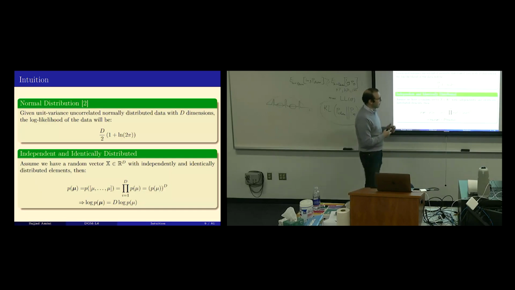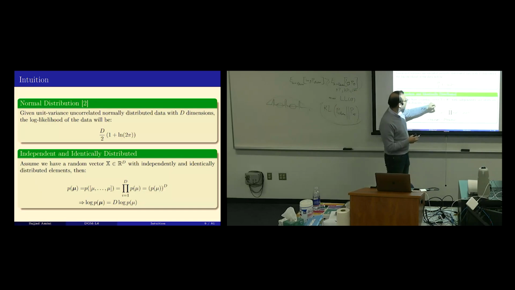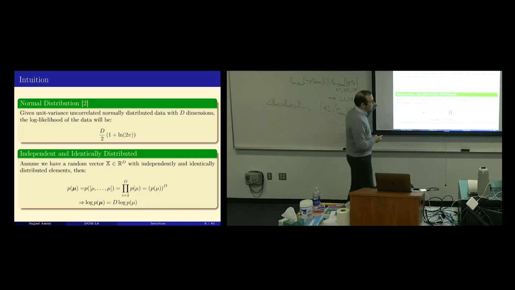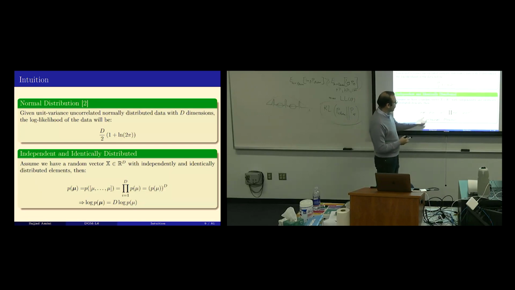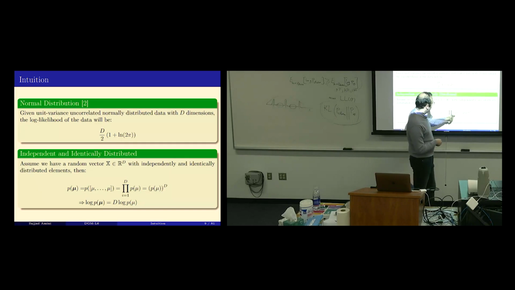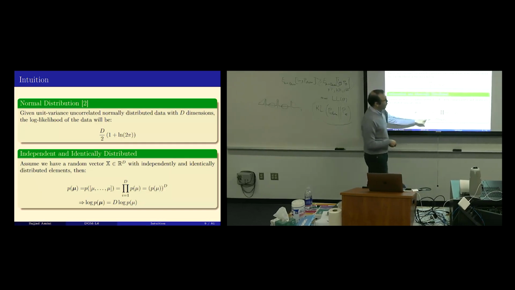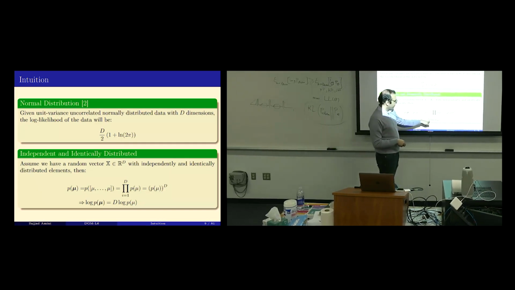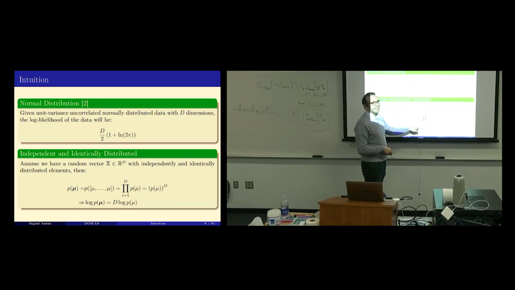Also, a simpler case, assume that I have independent and identically distributed elements which form a vector. Then you can easily show that the distribution of the vector, which is the distribution of the joint, is the product of them because they are independent. And so you have d of them. And if you take the logarithm, again, you have the multiplication with d here.